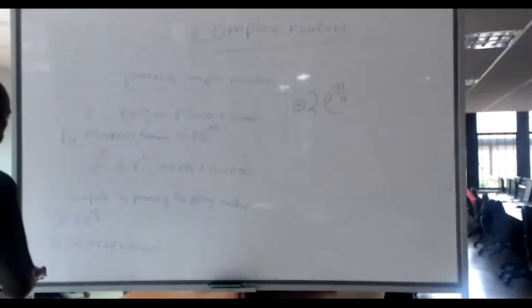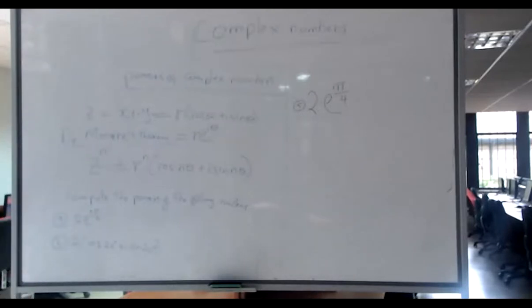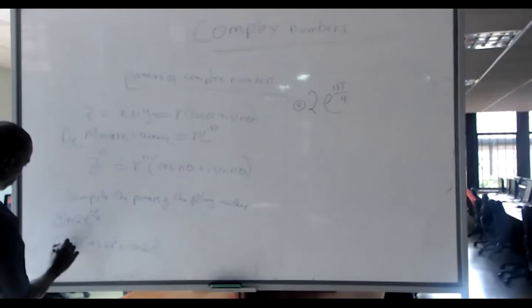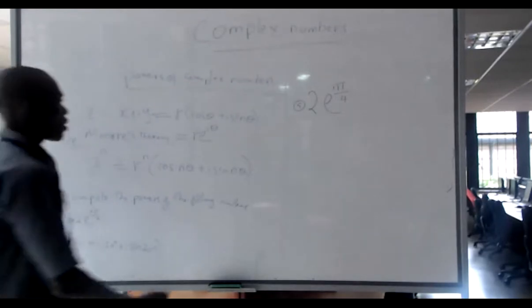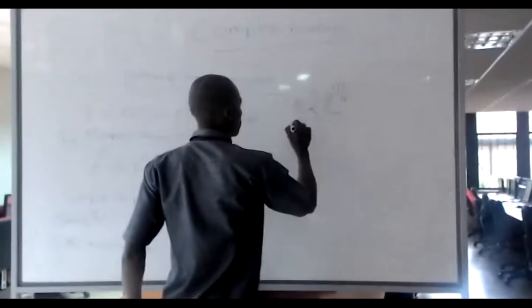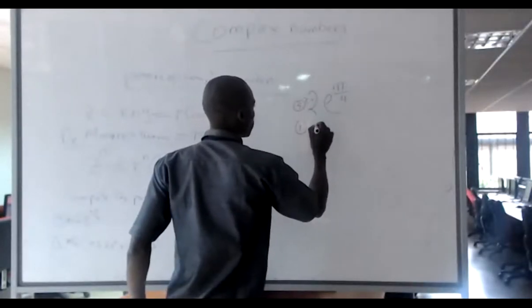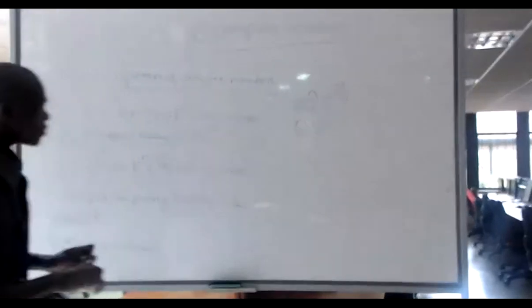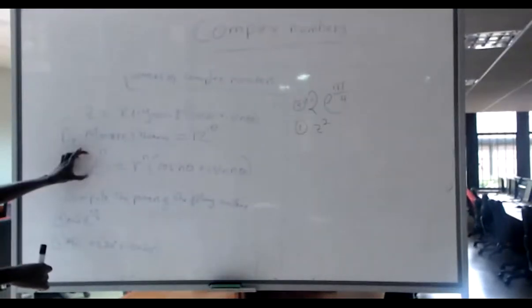Let's say I want to compute, let me call this Z, let me call this K. So part A, Roman 1. This is Z. I want to compute Z squared. So in this case, n is 2.